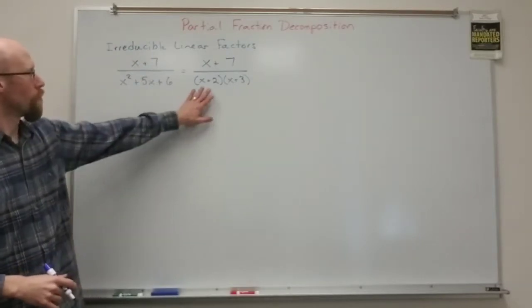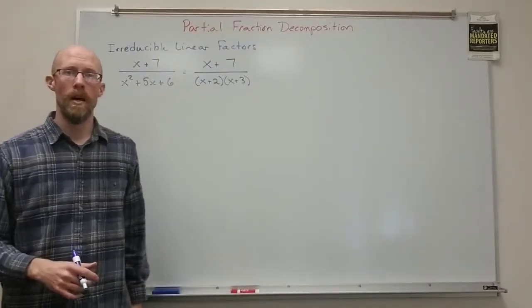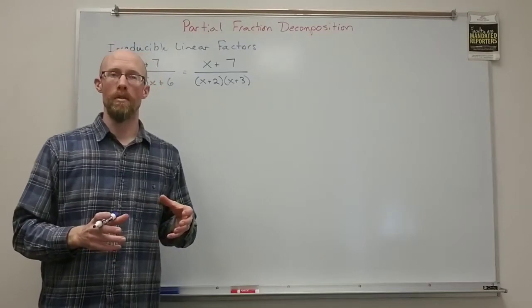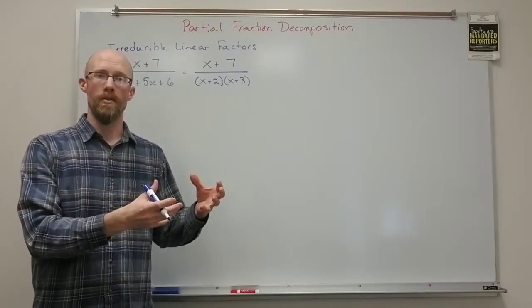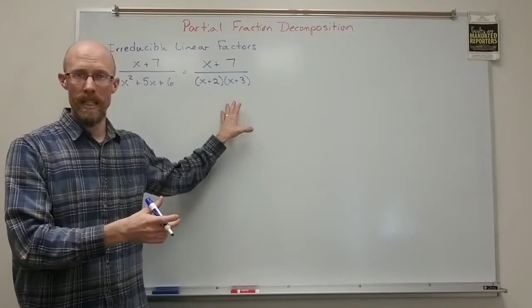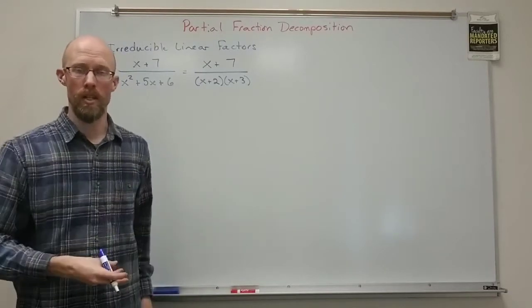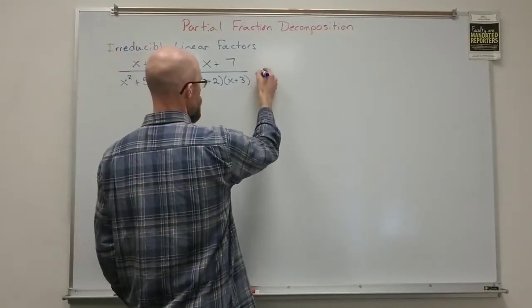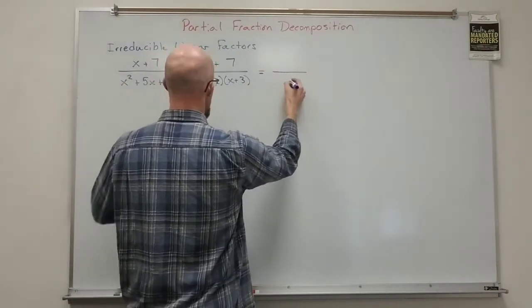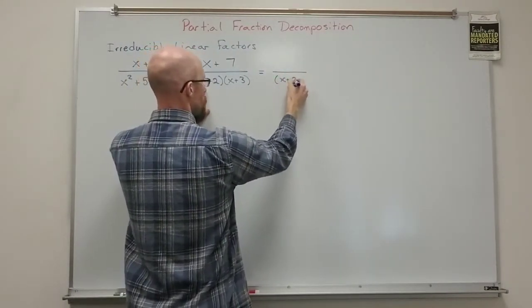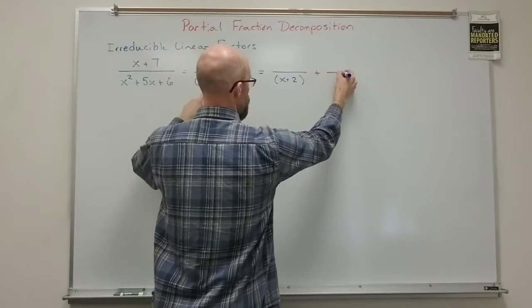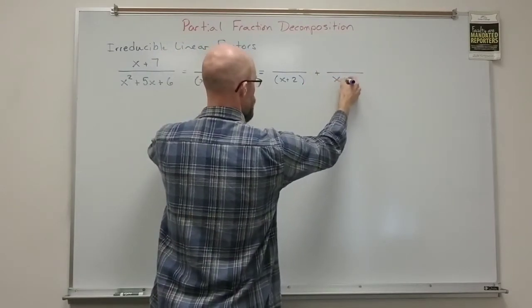Now, once I have it in its factored form, I know that the original fractions that I must add in order to get to this, going the other direction, would have to have an x plus 2 on the bottom and an x plus 3 on the bottom.